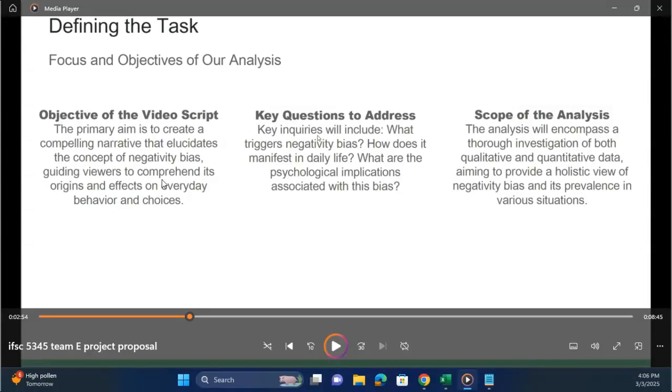The other thing is that in general, you're talking about having this script to elucidate the concept of negativity bias. Here and towards the end, it feels a lot like generative AI.